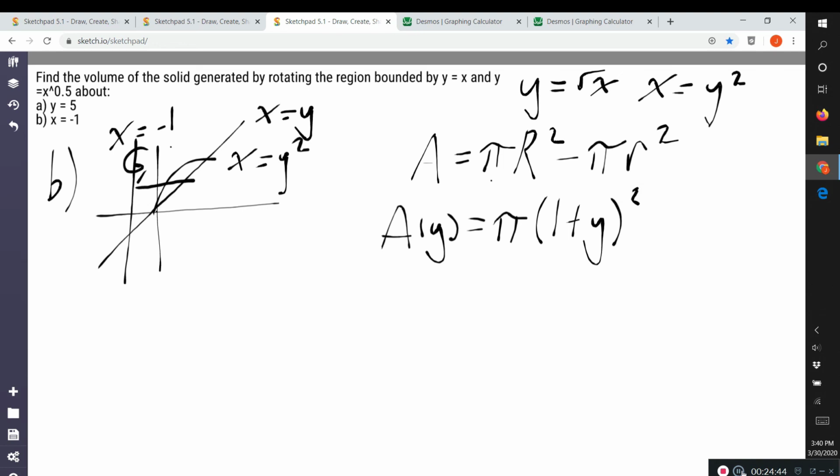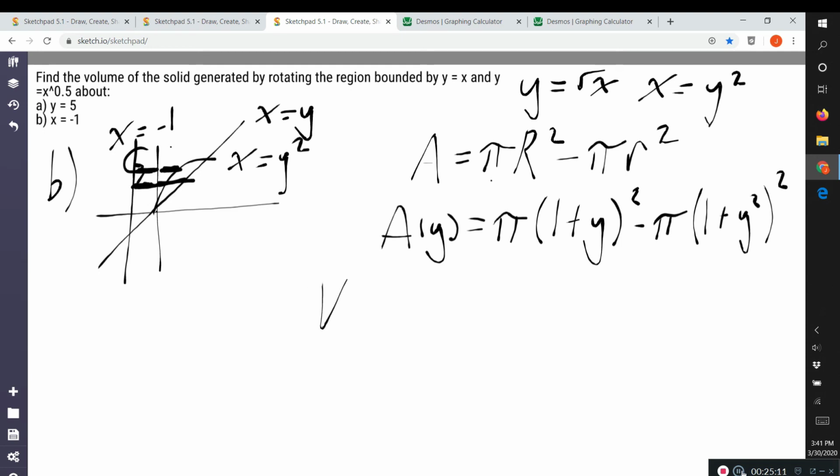Or sorry, our big radius is just 1 plus y, 1 being the distance here, and y being the distance there. The small radius would be 1 again here, plus the distance to the curve. So that'd be 1 plus y squared.